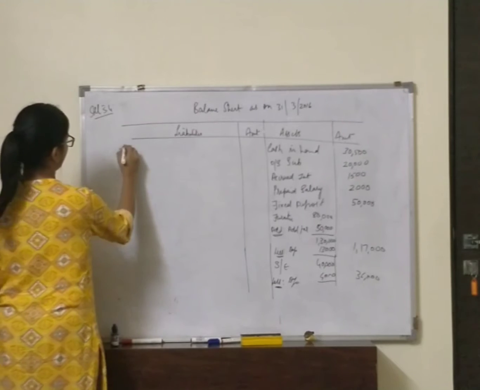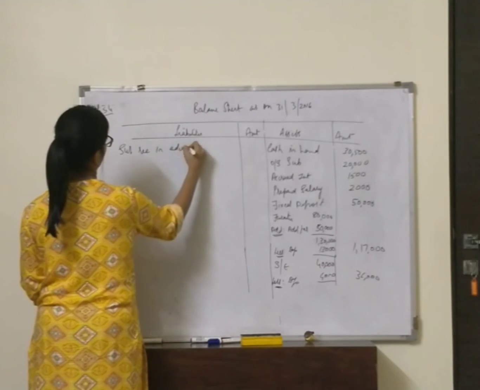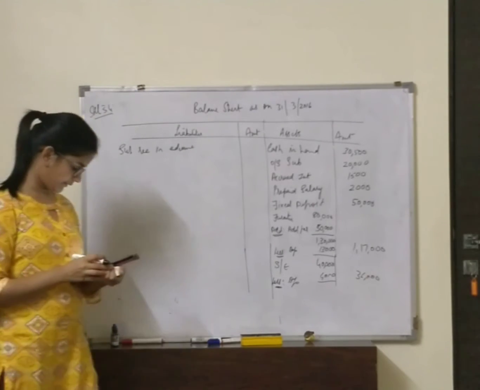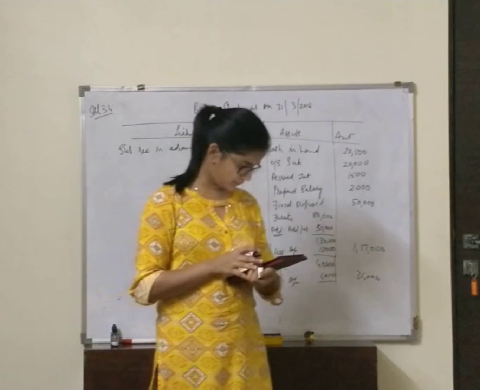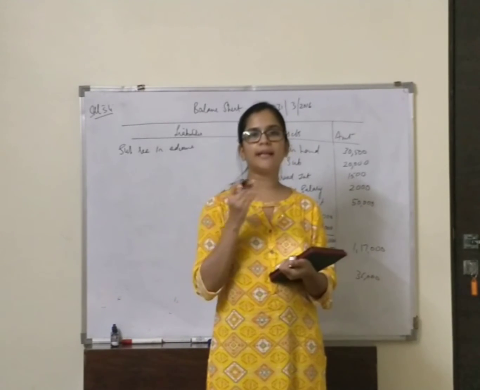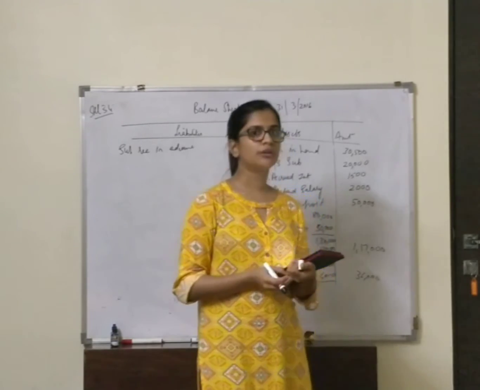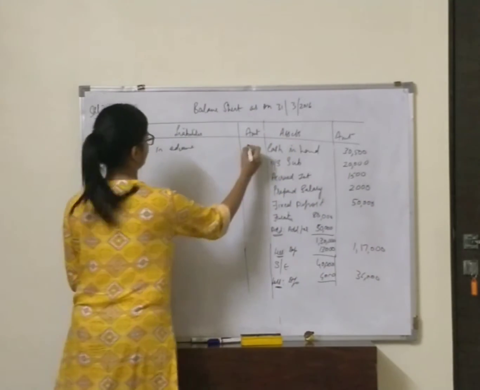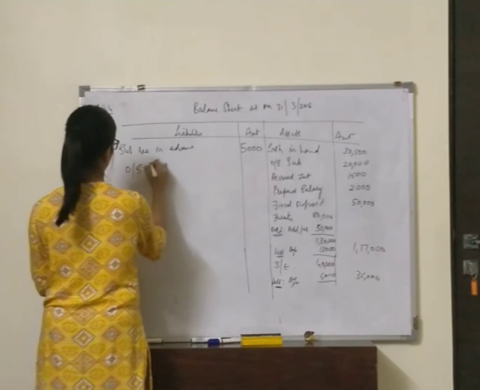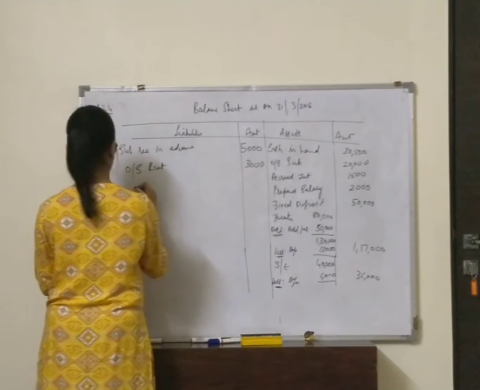Then on the liability side we have subscription received in advance. On the receipt and payment account, under the receipt side we have subscription 2016-17, which means for the next year we have received the subscription this year. So it is a pre-received subscription. What's the amount? 5,000. Then we have outstanding rent 3,000.